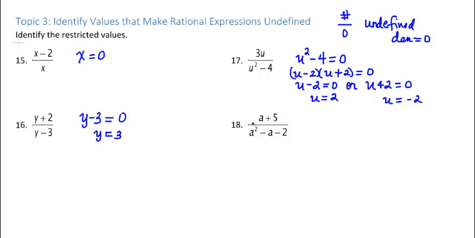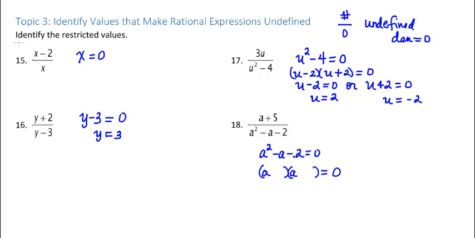In number 18, a plus 5 divided by a squared minus a minus 2. To find the restrictions, we set that trinomial equal to 0. Factoring a squared minus a minus 2, we get the factors of a squared are a and a.